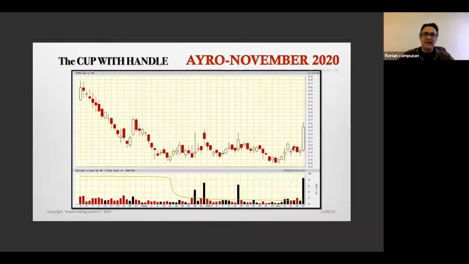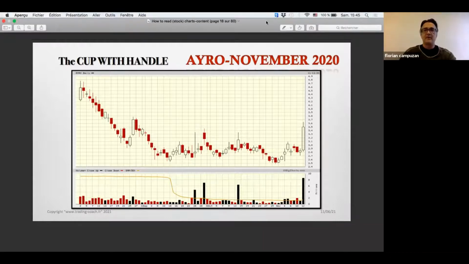And here you start seeing, like I talked about, the cup with handle is in fact a volatility compression pattern. We could say the VC pattern, volatility compression pattern. Cup with handle is good also, but it's essentially a pattern where the volatility starts subsiding before a big move.